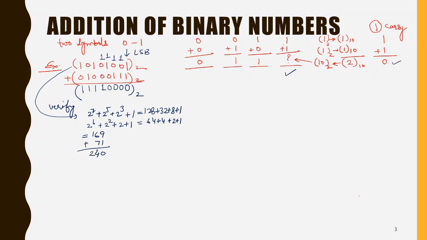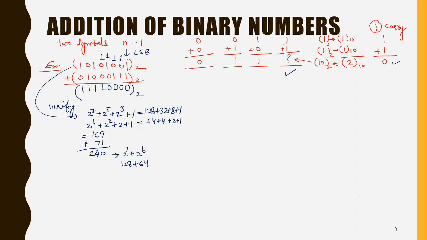Okay, now if I convert 240 into binary, I can take directly 2 raised to power 7, that will be giving 128, plus 2 raised to power 6, that is 64.